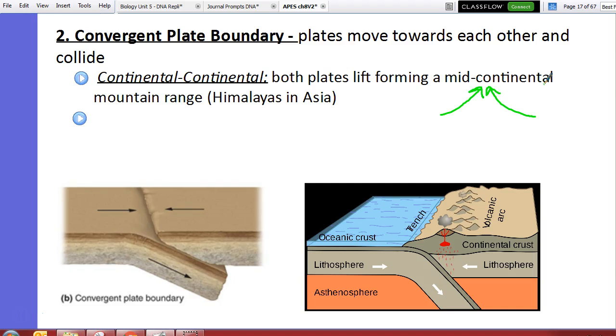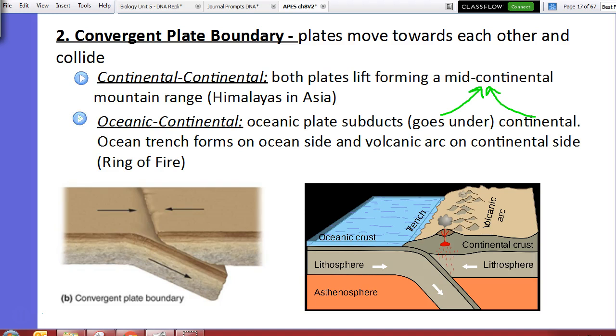So the Himalayas in Asia were formed this way, with two continental plates coming together. We don't typically have two oceanic plates coming together. Don't ask me why, I have no idea, but apparently that doesn't really happen. If we have a continental plate and an oceanic plate coming together, the oceanic plate subducts or goes under the continental plate.